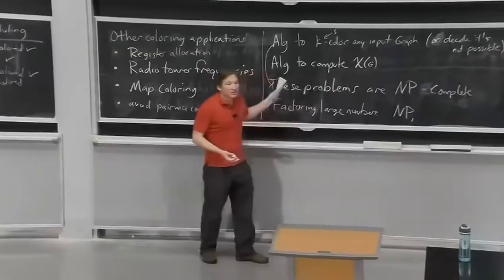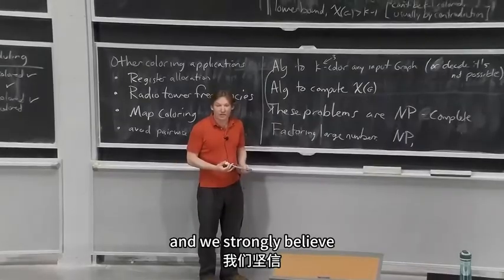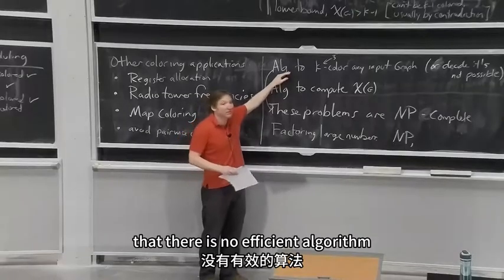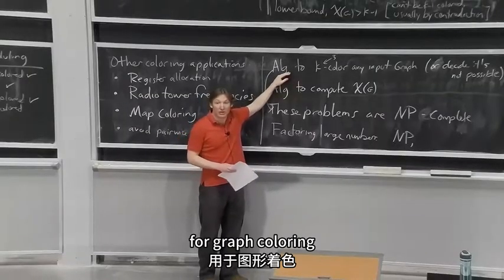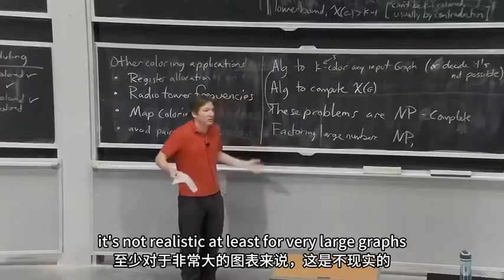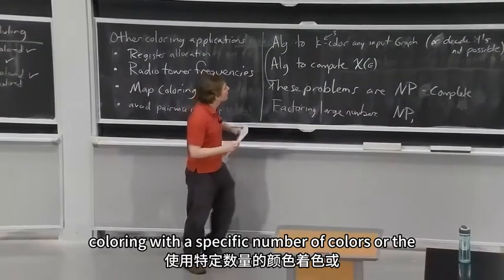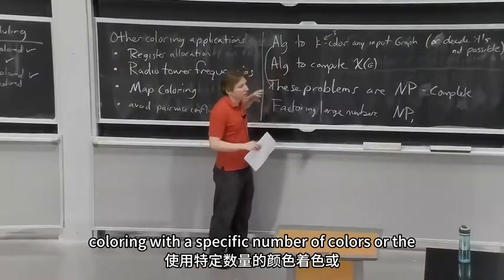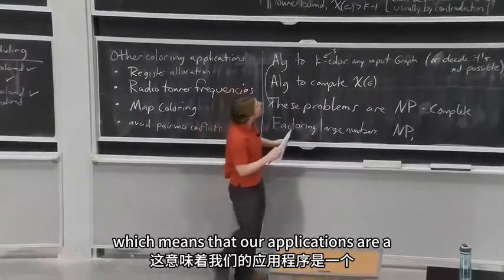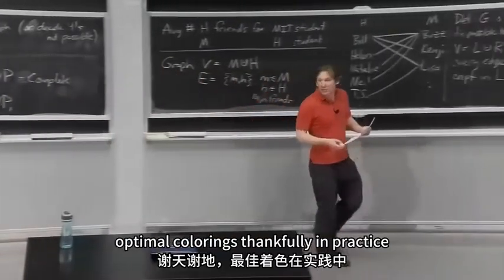Point is, graph coloring is a hard computational problem, and most computer scientists strongly believe that there is no efficient algorithm for graph coloring. And so it's not realistic, at least for very large graphs, to ask for a coloring with a specific number of colors or the best possible coloring, which means that our applications are a little bit sad, because sometimes we really want optimal colorings.